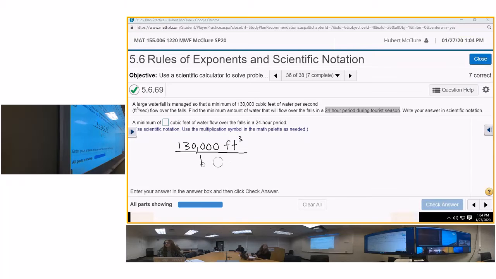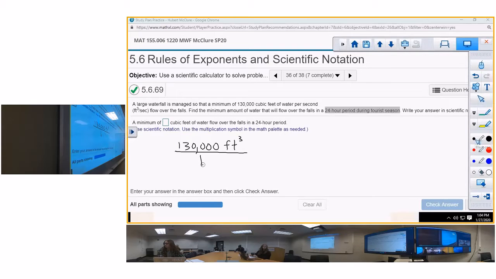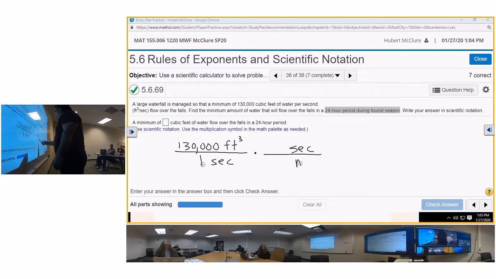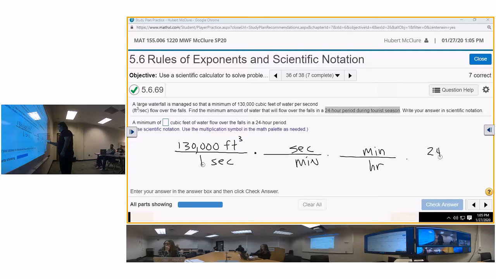Now, why do you have to do that? Because the only way you can cancel units is diagonally and vertically. So that means you got to put seconds over here, and then minutes over here. And then how many hours are in a day? 24 hours in 1 day.